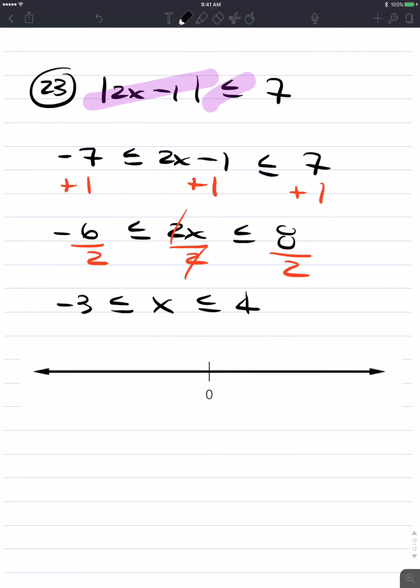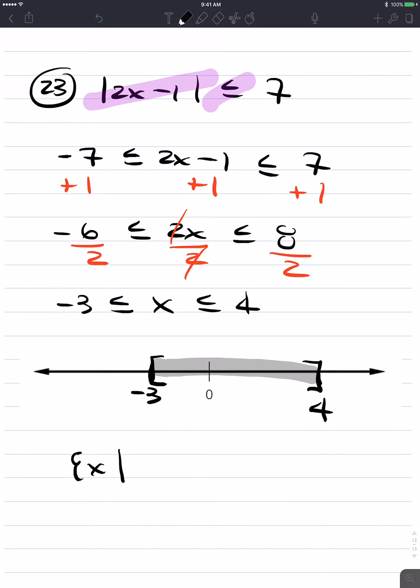Let's graph. Negative 3 is to the left, and positive 4 is to the right. We have to graph numbers, or shade numbers, that are between negative 3 and positive 4. We put our brackets because we include negative 3 and positive 4.